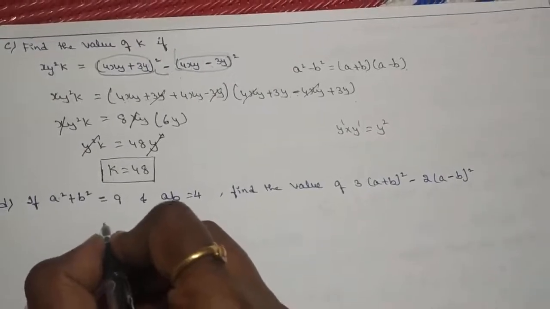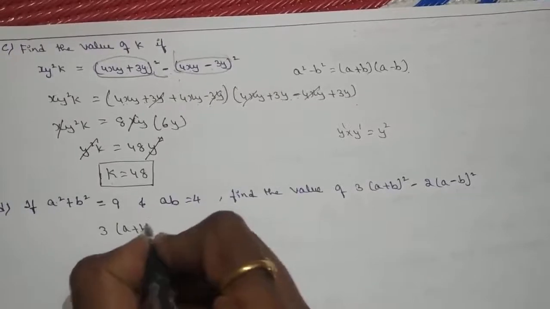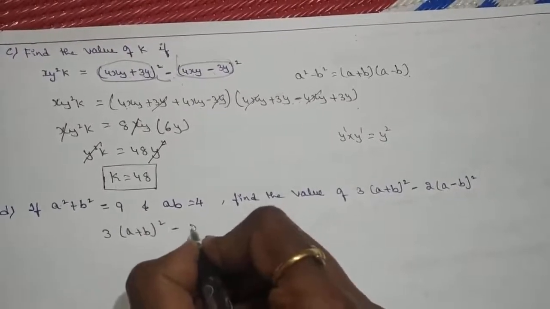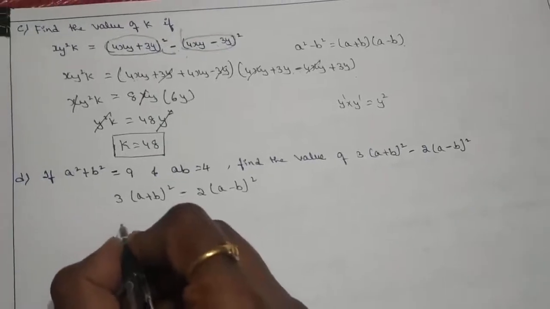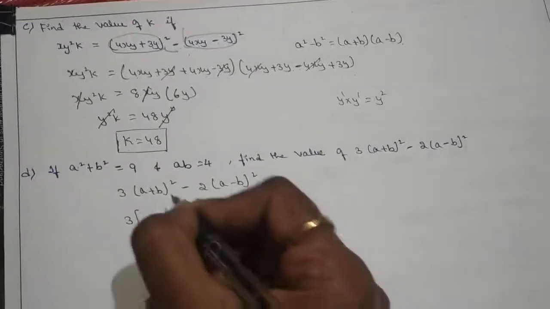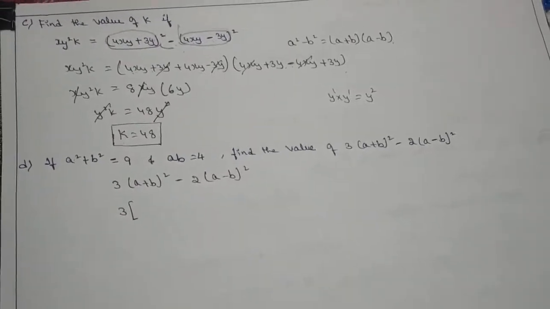So first we'll take down the given expression, that is 3 into (a plus b) whole square minus 2 into (a minus b) whole square. Keep the 3 as it is, open the rectangular bracket, apply the identity (a plus b) whole square. What is (a plus b) whole square?